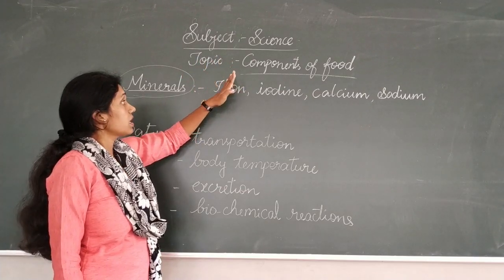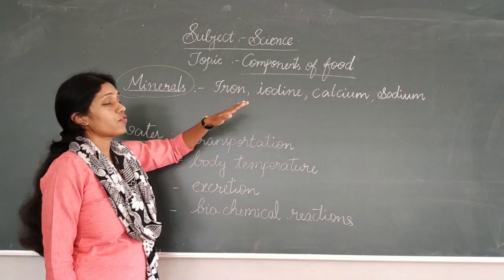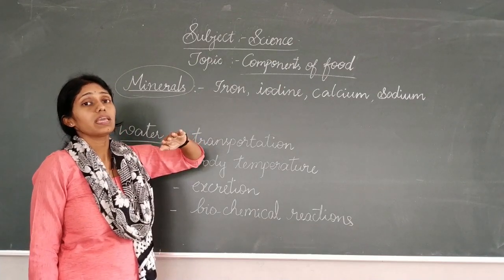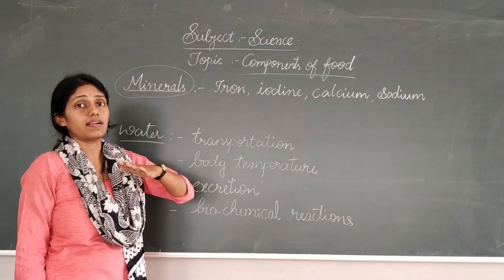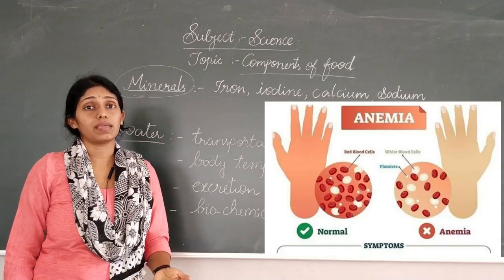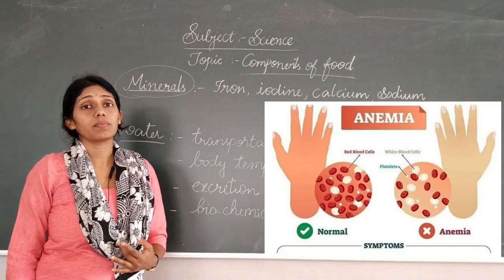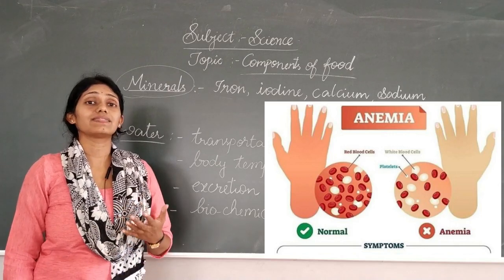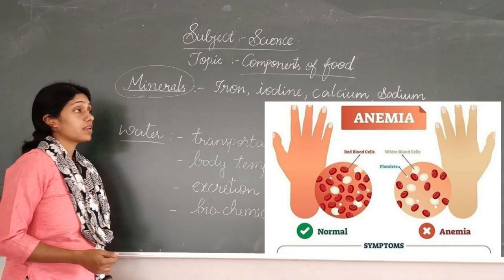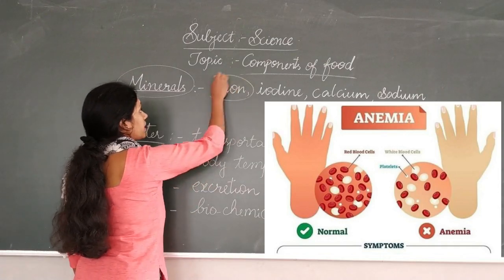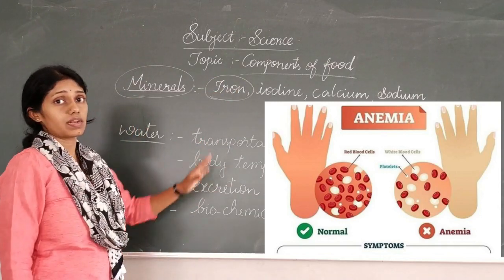So children, if there is a lack of iron, what happens? If they eat food which is lacking iron content, it leads to anemia. What do you mean by anemia? Yes, that is the weakness in the body. We feel tired.